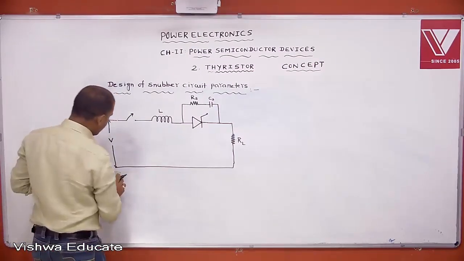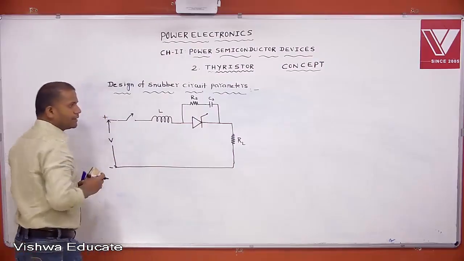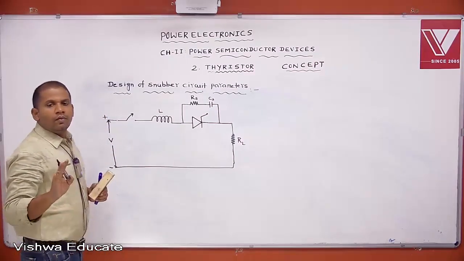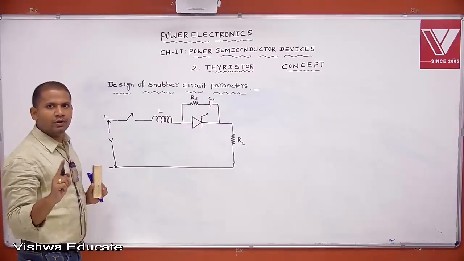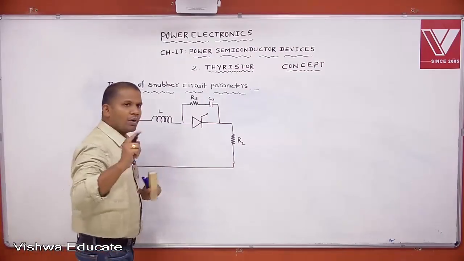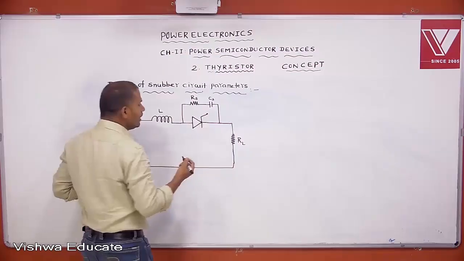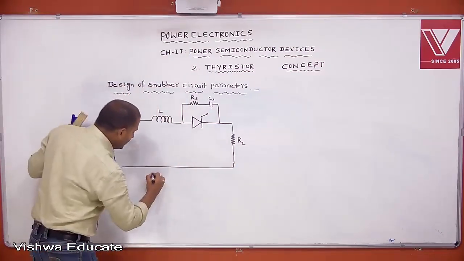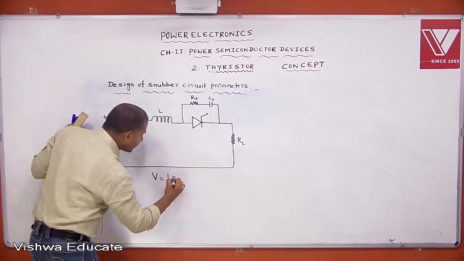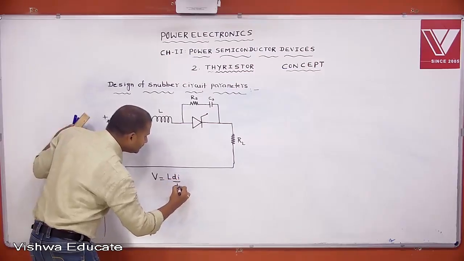Now we concentrate on the design of snubber circuit parameters. I am giving two concepts here. One way to write the formulas is directly. You know that V equal to L into di by dt.